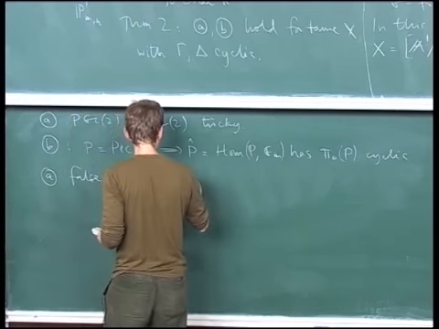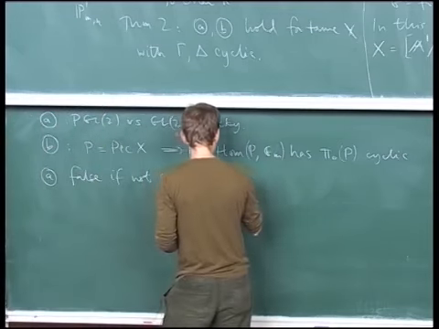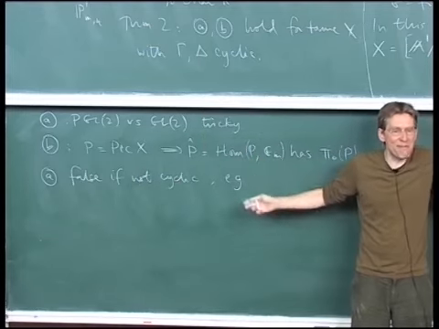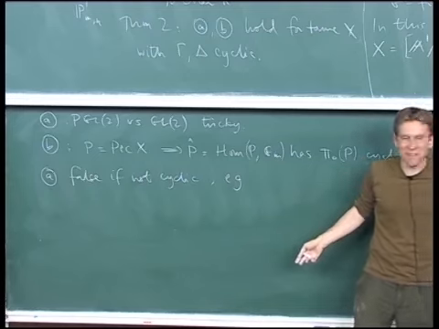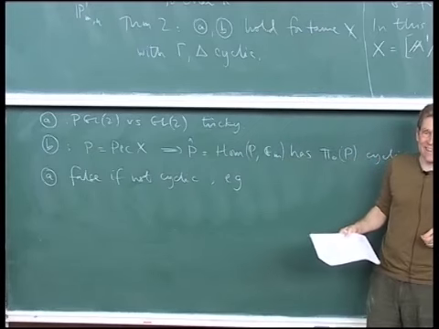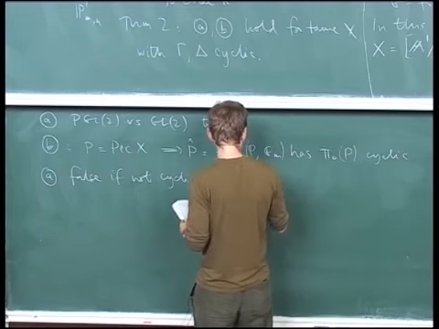If you ever have stabilizers at the North Pole or the South Pole which are not cyclic, then again the game is really over. And again, it's simply because non-cyclic groups have irreducible representations of dimension greater than 1, and you can basically put those representations at the bad points.